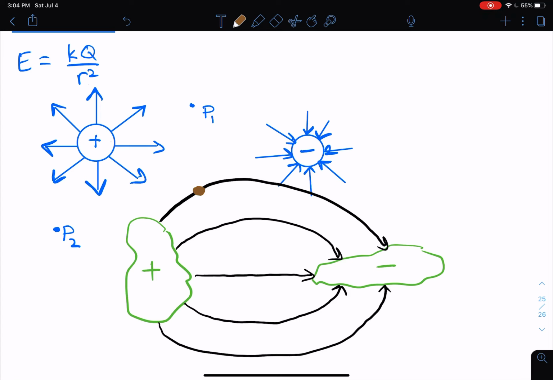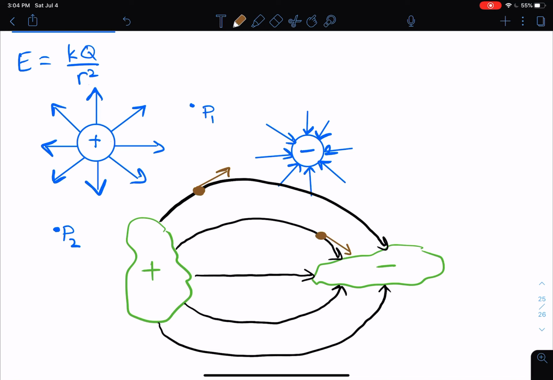So at this point here, that means the electric field would point something like this, roughly. But if I look at, say, this point over here, and I draw the E field, at this point, the electric field is going to be roughly something like that. It's tangent to the curve of the E field line.